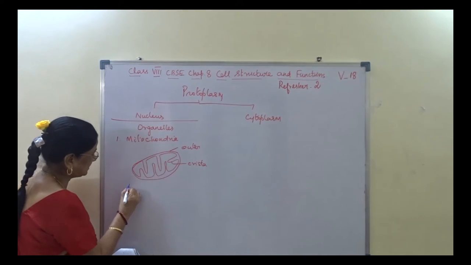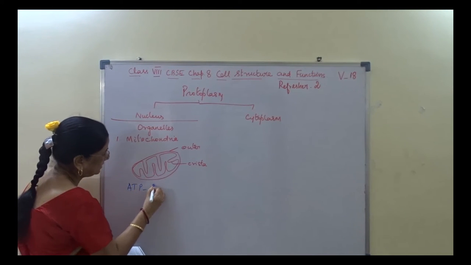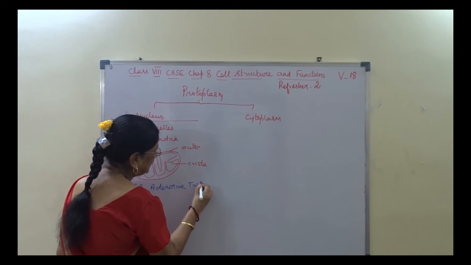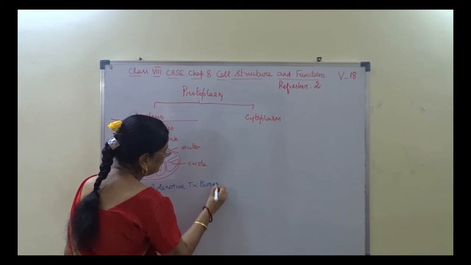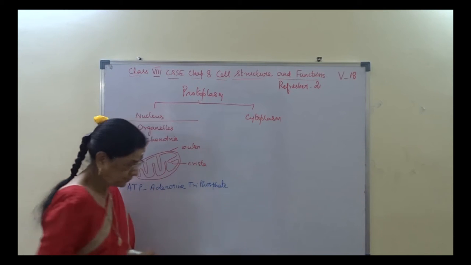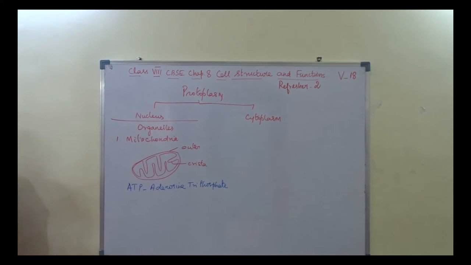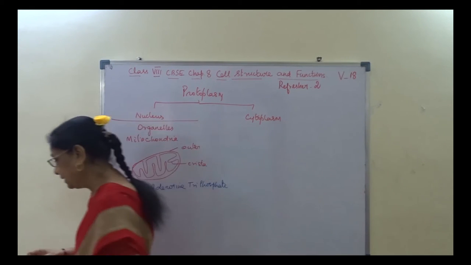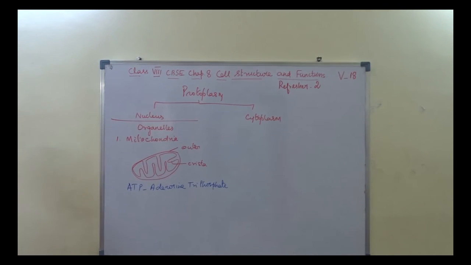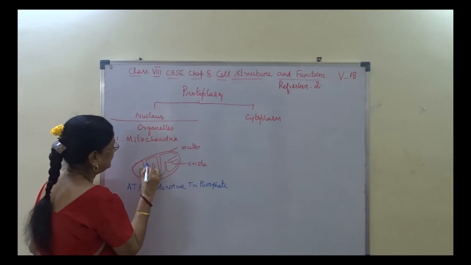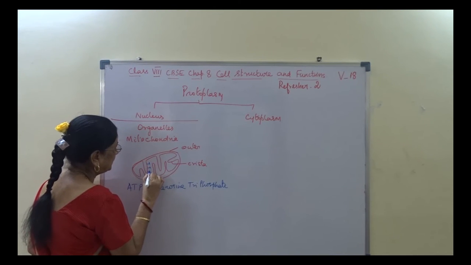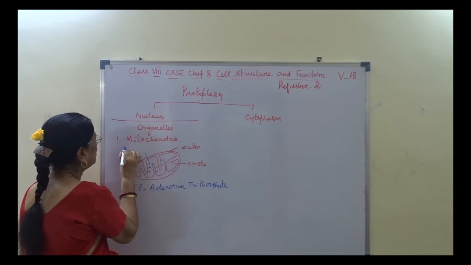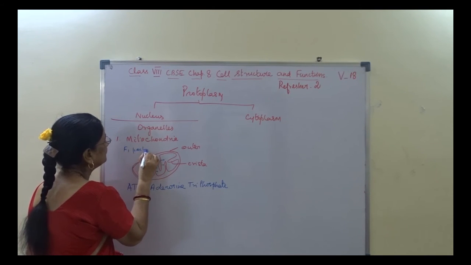The energy-rich substance is called ATP, adenosine triphosphate. And then this crista has a pin-headed body like this in every fold, and this is called the F1 particle.